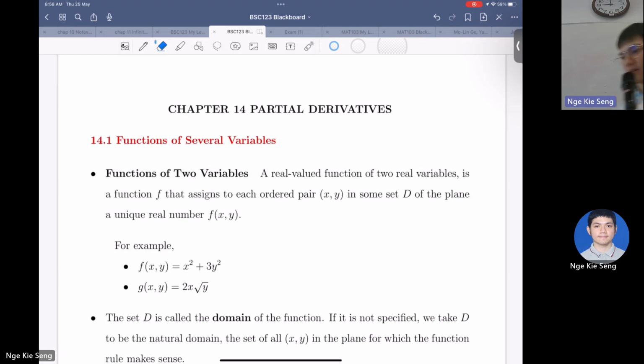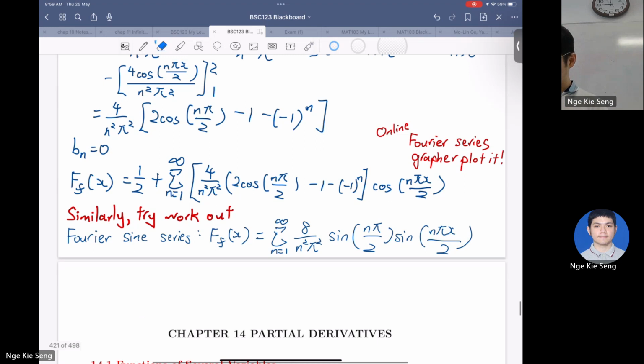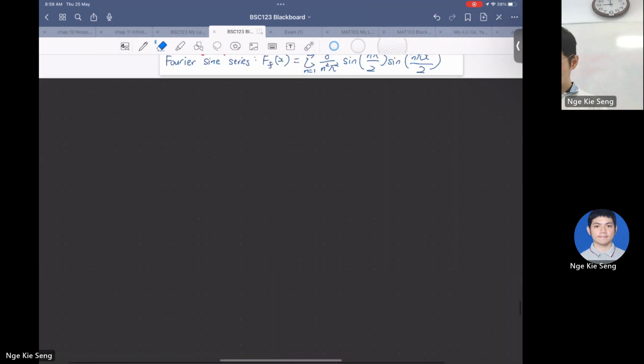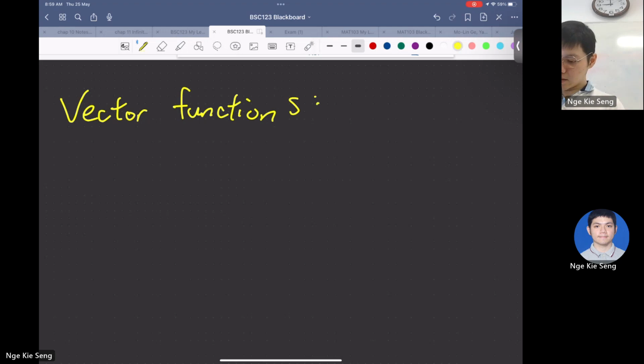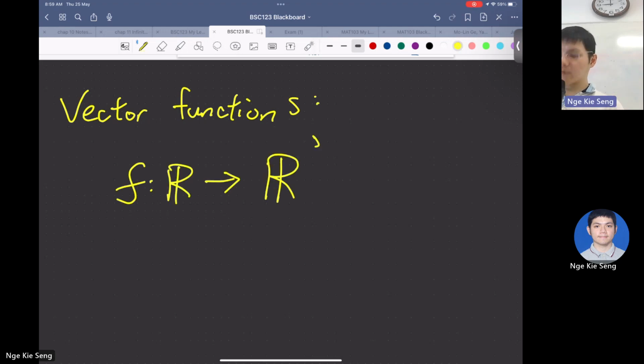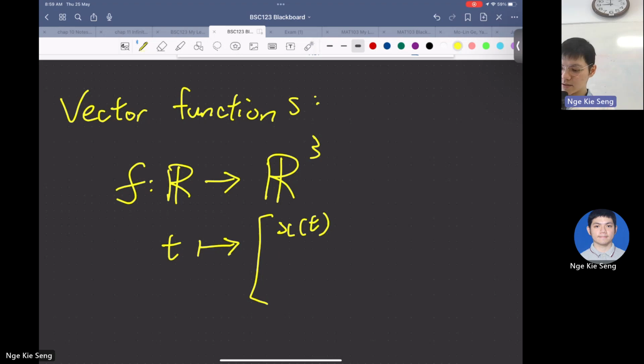So let's write down. Okay, so we have a vector function. So we have one variable to three variables. Right. So we trace out a curve inside 3D space.